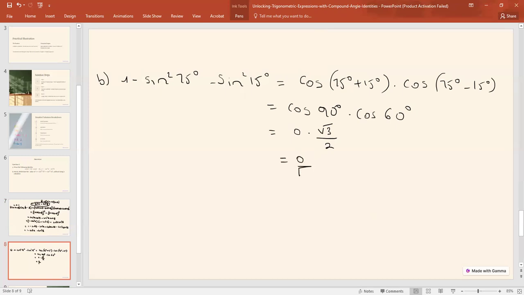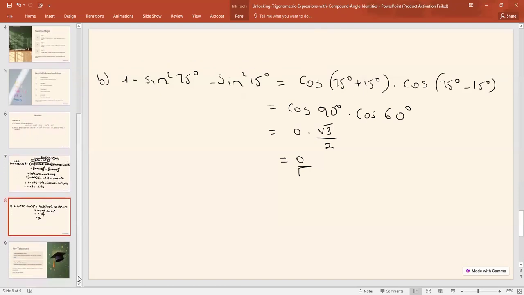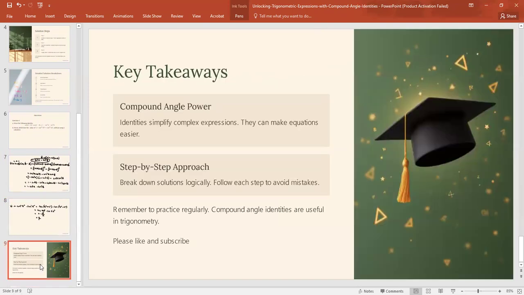So this is how we can use a given trigonometric identity or compound angle identity to simplify a given expression without using a calculator. So what did we study throughout this presentation? We observed the power of compound angle identities, and how identities simplify complex expressions.